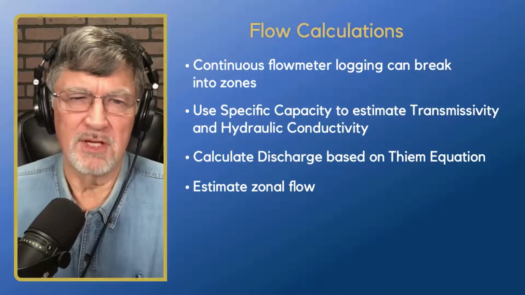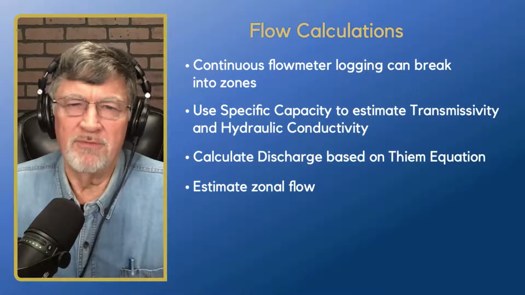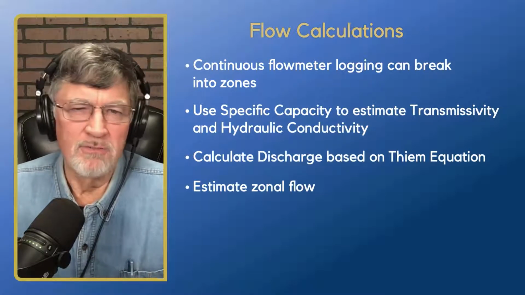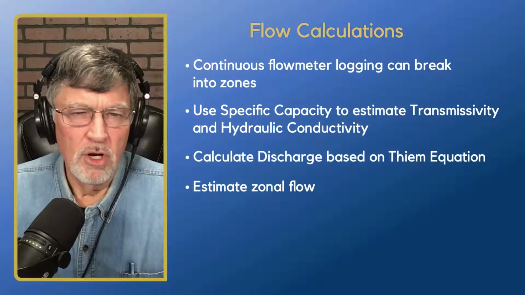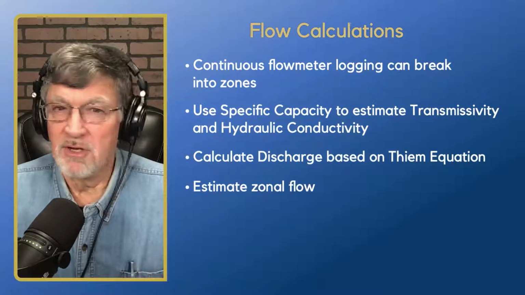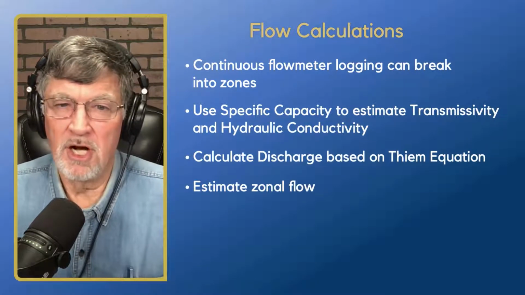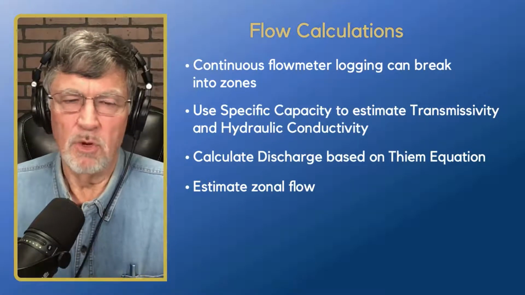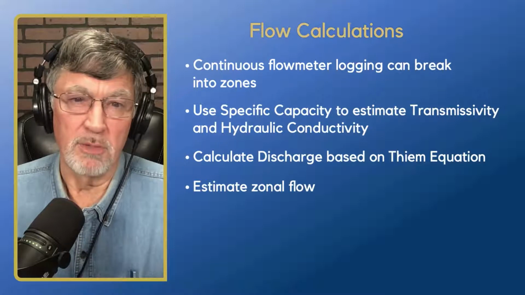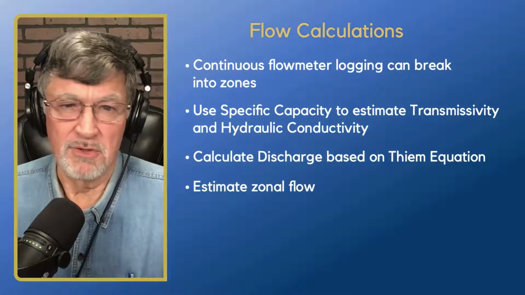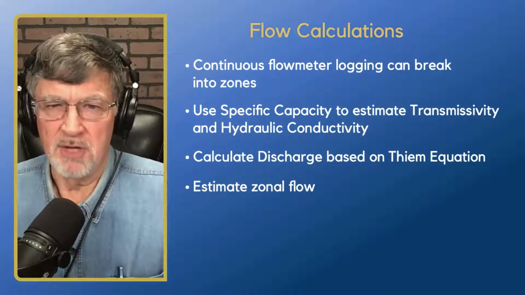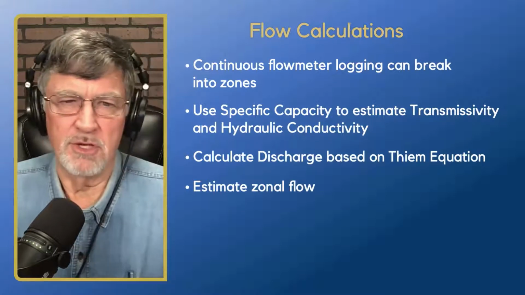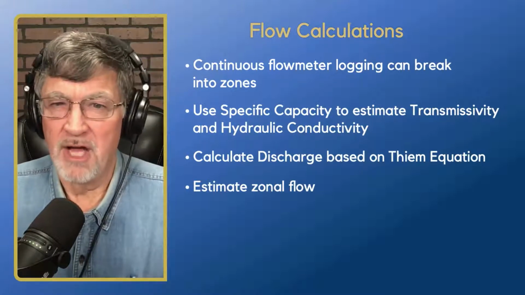There are probably going to be distinct zones defined by breaks in your flow, your resistivity, and your geophysical logs. So that's something we're going to look at: what specific zones are we going to look at? Then we're going to match up our sampling results to those zones and make some decisions about these particular zones. Are we going to screen them or not?